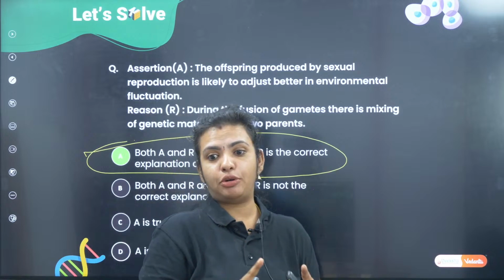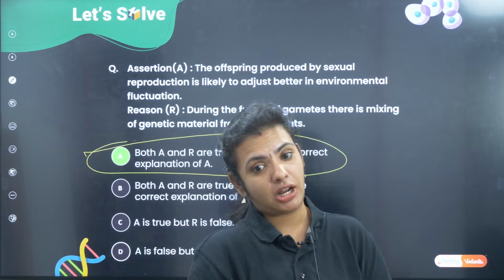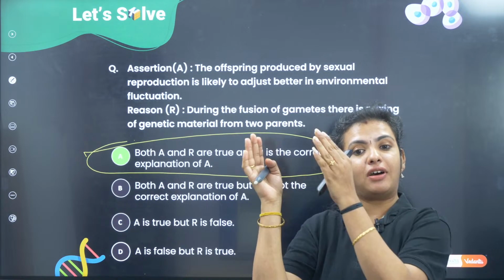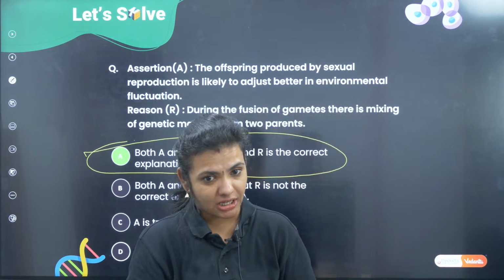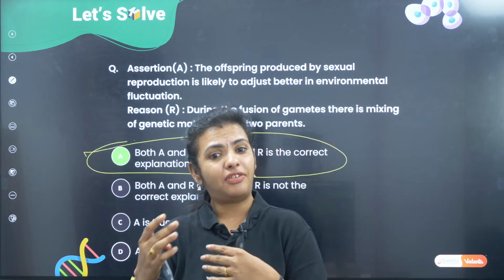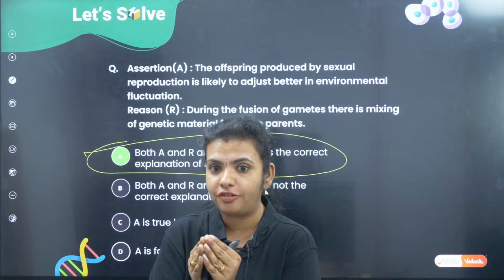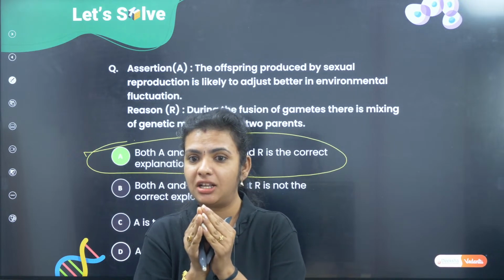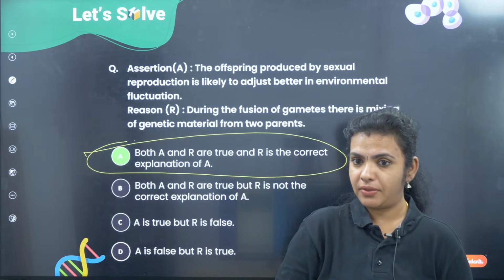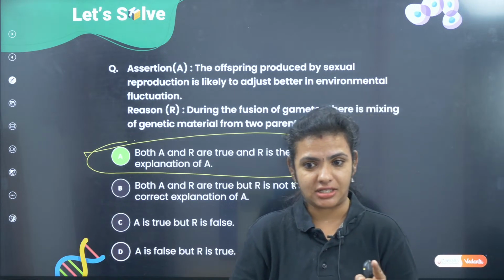What is sexual reproduction? Sexual reproduction is mixing of gametes. So I have half the characteristics from the mother, half the characteristics from the father. Let's say the father is very scared of heights. Okay, father has fear of heights. Mother is very brave. Okay, mother is not scared of heights.